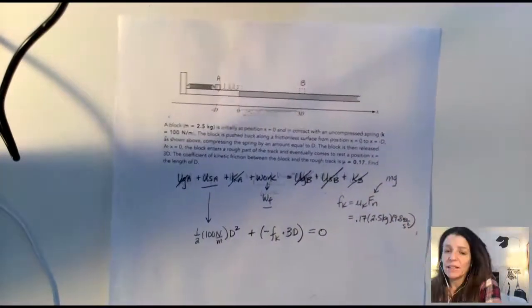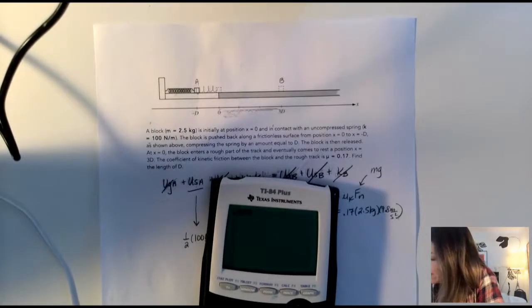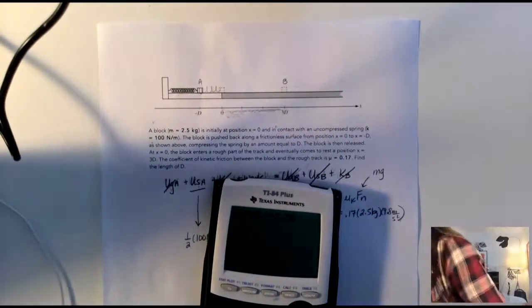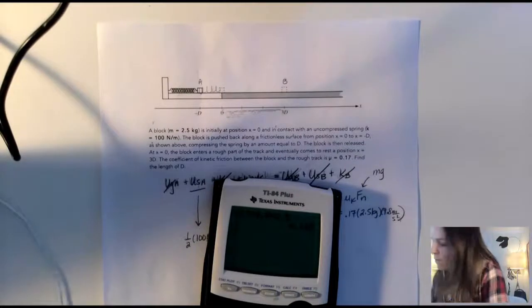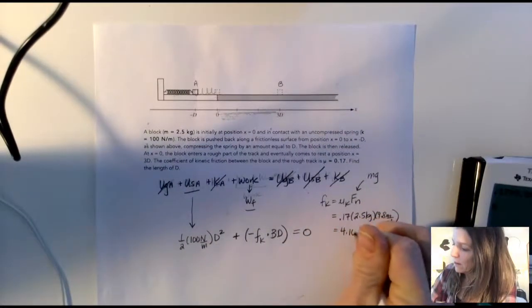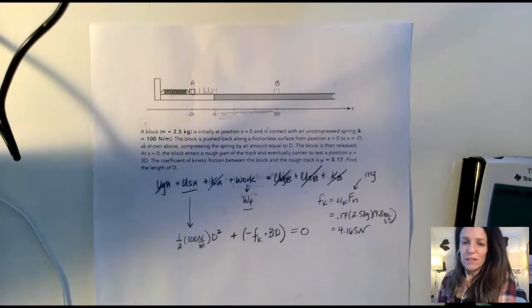Let me get out my calculator. 0.17 times 9.8 times 2.5 is 4.165 newtons.